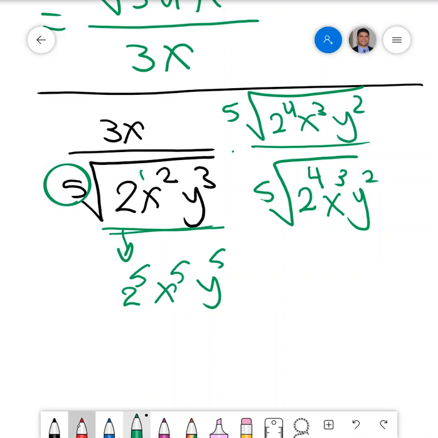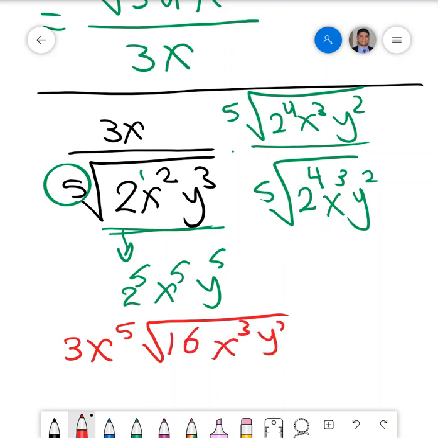Now, let's continue multiplying. We have here 3x, fifth root, 2 to the power of 4 is 16, x to the power of 3, y to the power of 2, all over.